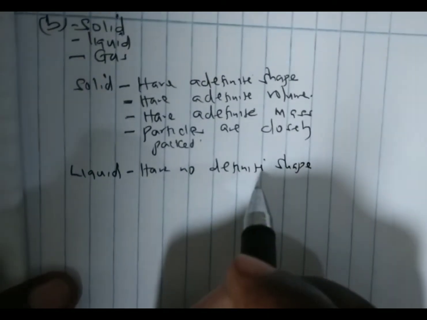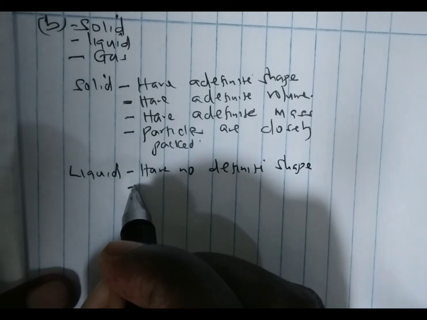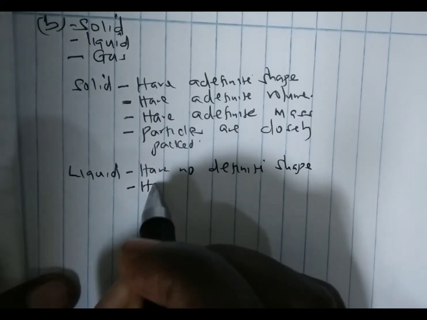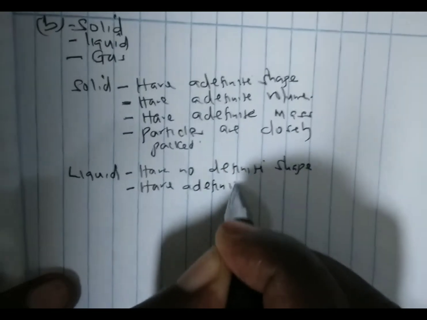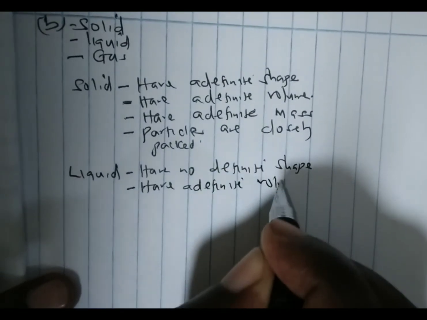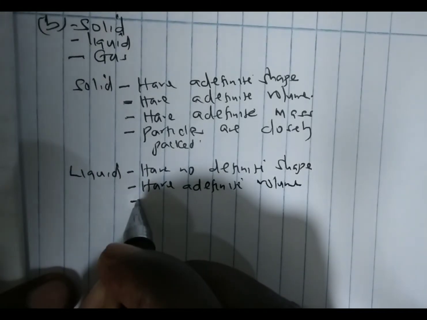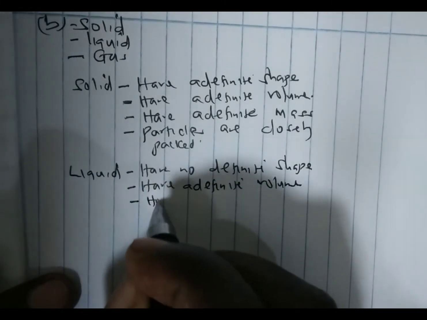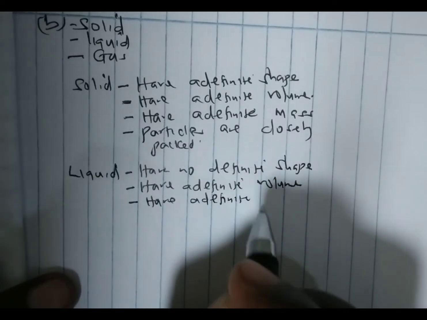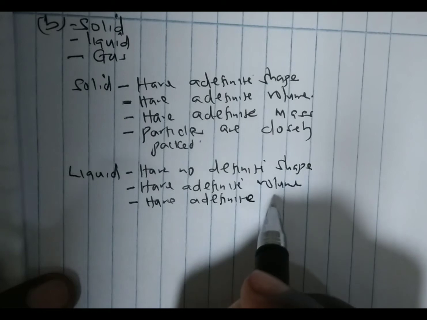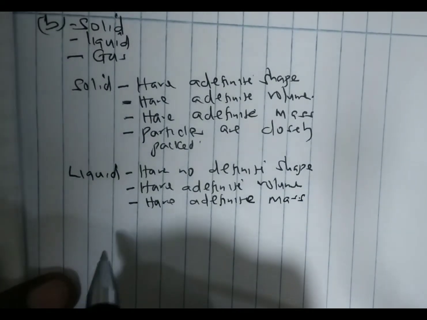That means they take the shape of the container. 2, liquids have a definite volume. 3, we can also say that liquids have a definite mass, meaning you can find the exact mass of a liquid substance.